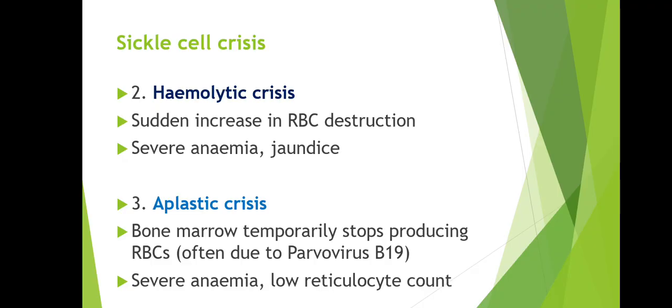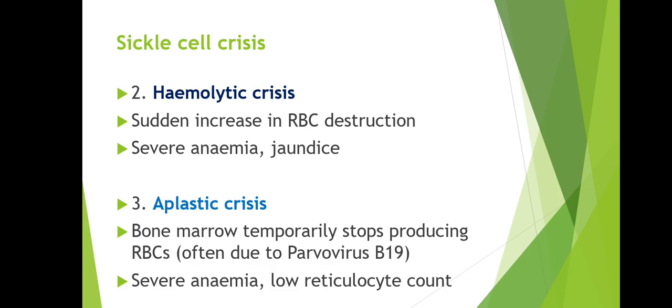Then we have hemolytic crisis. What happens in hemolytic crisis? There is sudden increase in red blood cell destruction. Why is this going to come like this? The thing is, a normal lifespan for a red blood cell is about 120 days.